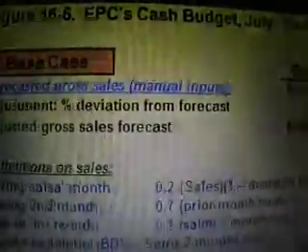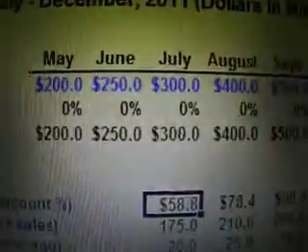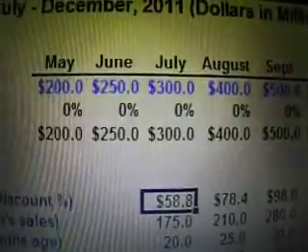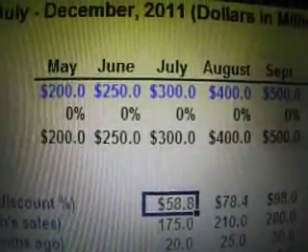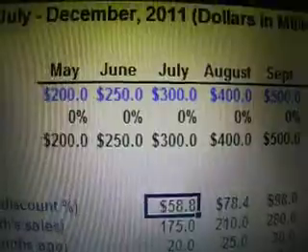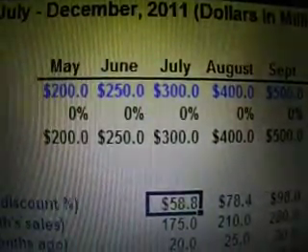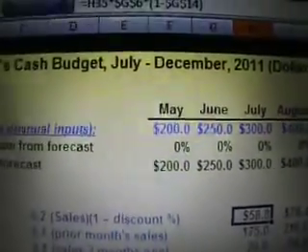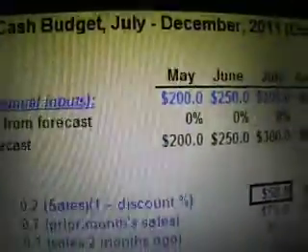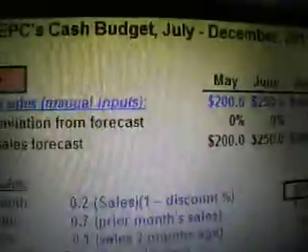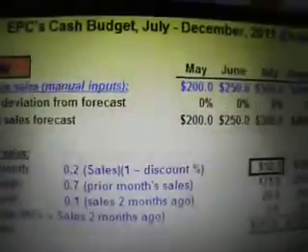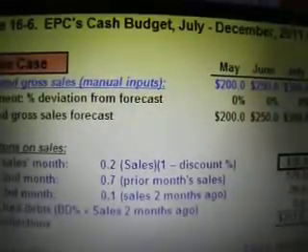So in this example, starting with July, the sales are $300 million. 20% of the customers will pay cash from their sales, and they will take 2% discount, and the company will receive a net amount of $58.8 million. Everybody got that one? Okay.